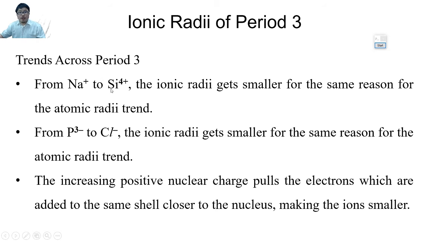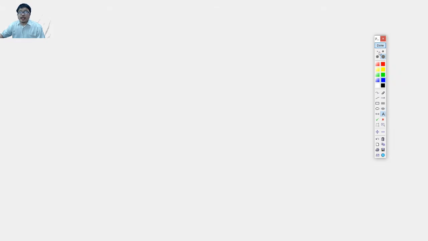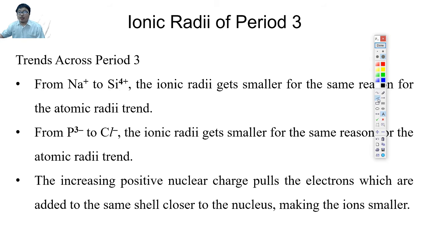Now, for the trend, ionic radius becomes smaller for the very same reason as the atomic trend. Which is what?